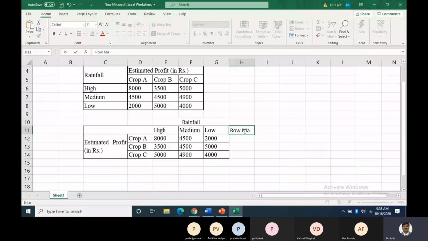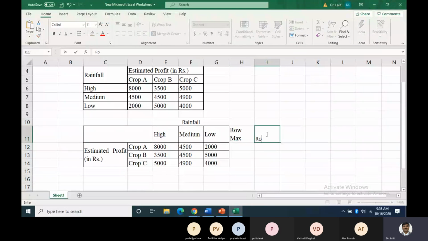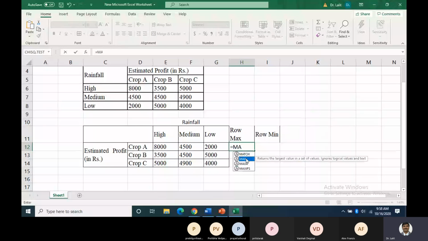row maxima, then row minima. Maxima of this.